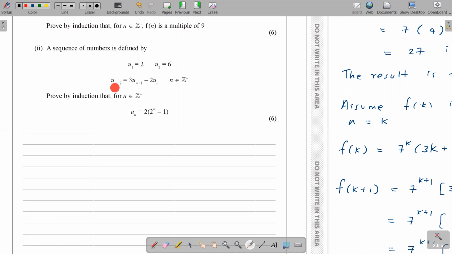Can you immediately find u10 from the recurrence relationship? No, to find terms in a recurrence relationship, you have to go in order. You have to know u3 to find u4. To find u5, you must know the u4 value. So you must know the previous term. In this case, you must know the previous two terms to get the next term. Otherwise you cannot proceed. You just cannot find a term in the middle.